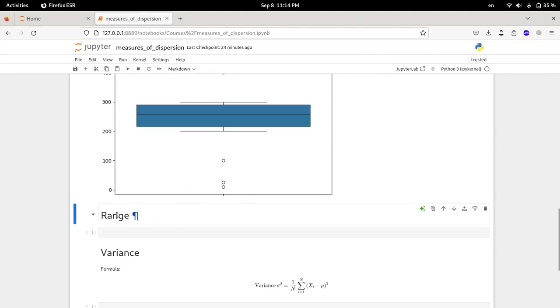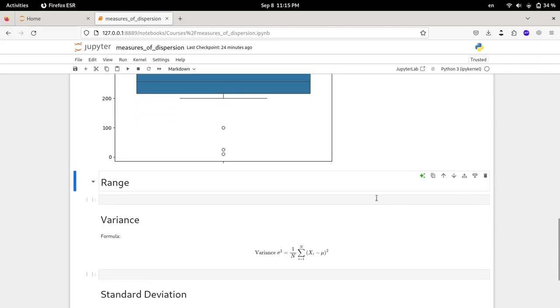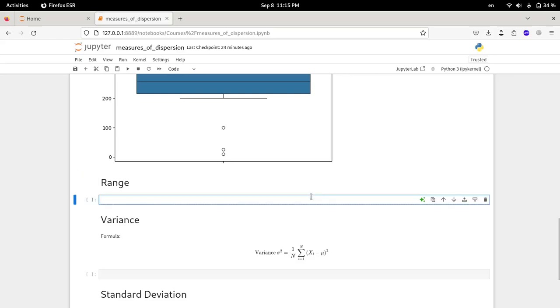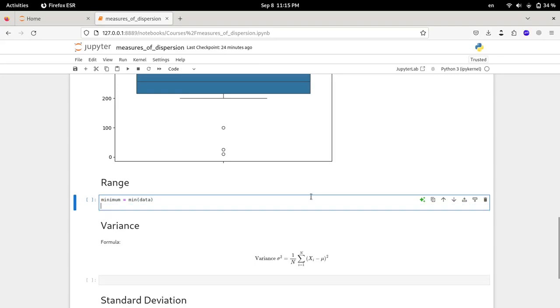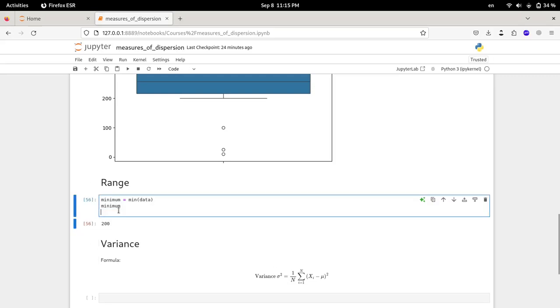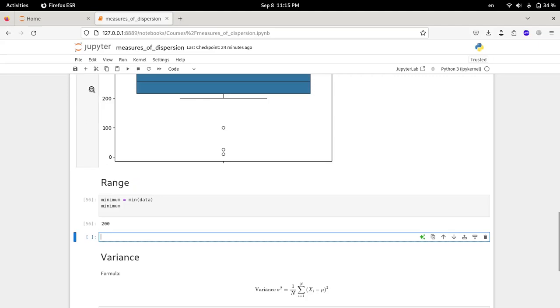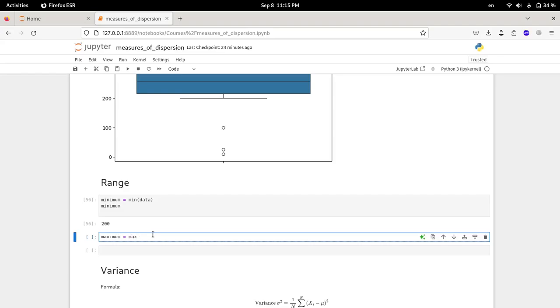The first measure is range. Range is nothing but the minimum to the maximum. So if we want to get the minimum, we can use the min function, min of data. So our minimum value is 200. Then if we want to get the maximum, we can use the max function.